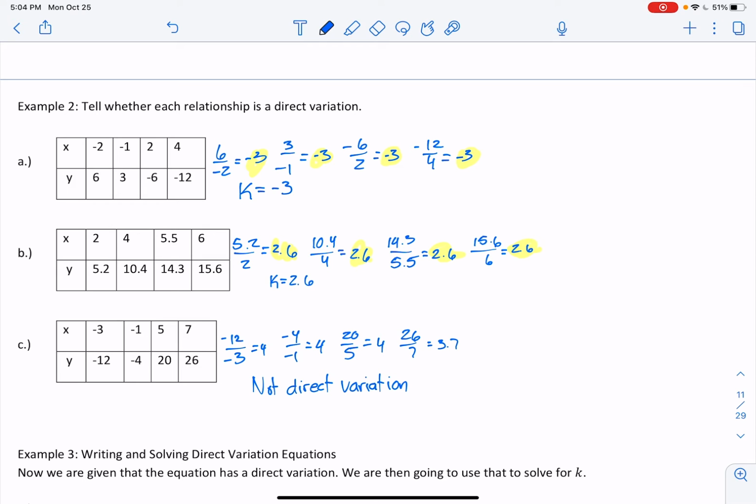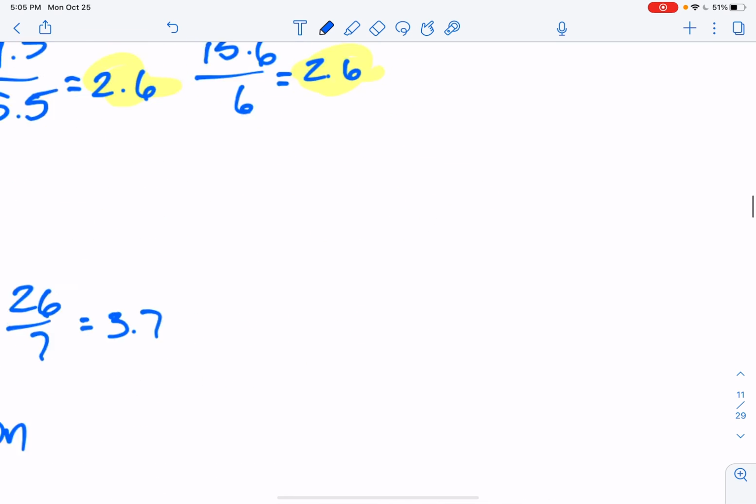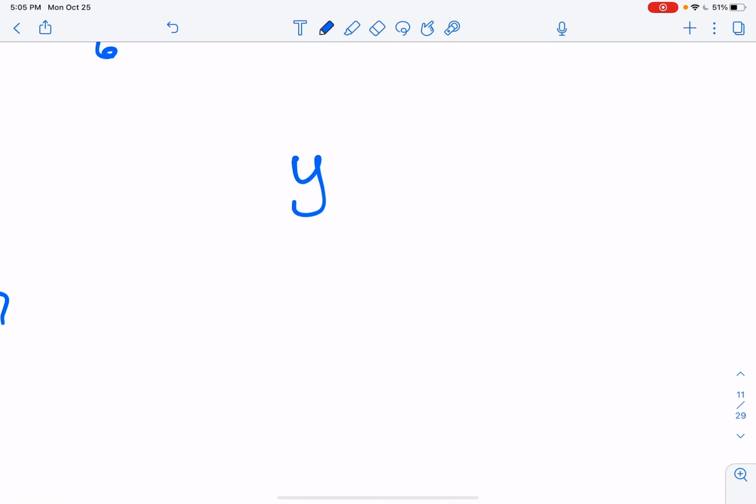All right. And then 11 and 12, it's going to have a word problem. It's going to say at a summer camp, there's a counselor for so many campers, and you're going to write a direct variation for that. So remember, it's going to have to look something like y equals kx.